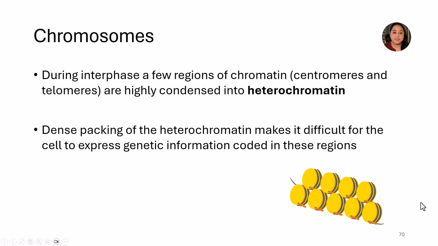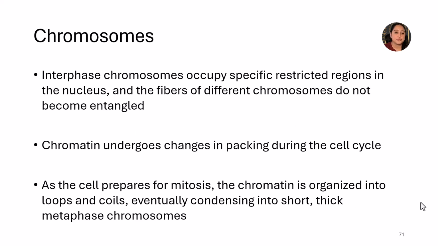So this dense packing of the heterochromatin makes it difficult for the cell to express genetic information in those regions, because it's really hard to access those parts if they're wrapped by proteins really densely. And so interphase chromosomes occupy specific restricted regions in the nucleus, and the fibers of different chromosomes don't become entangled.